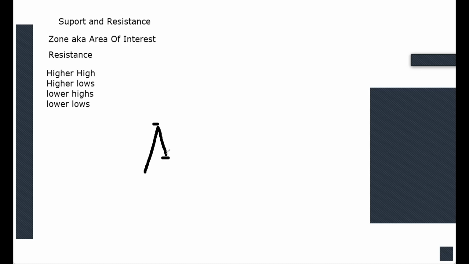Okay, so if the market then goes up again and breaks beyond this higher high, and it passes this higher high, to be clear, and it comes down here, what is this area, Davina, called? Type it in the chat or get on the mic, whichever you want to do.